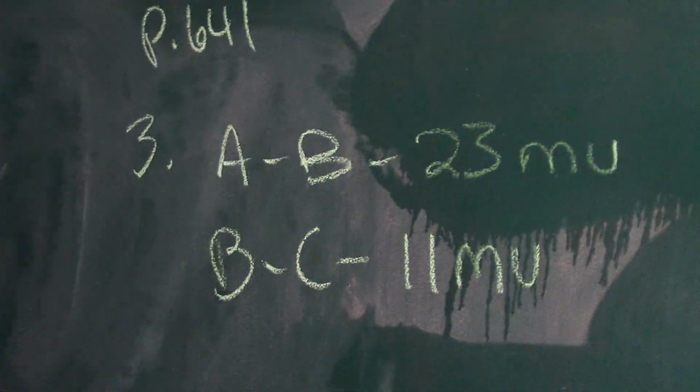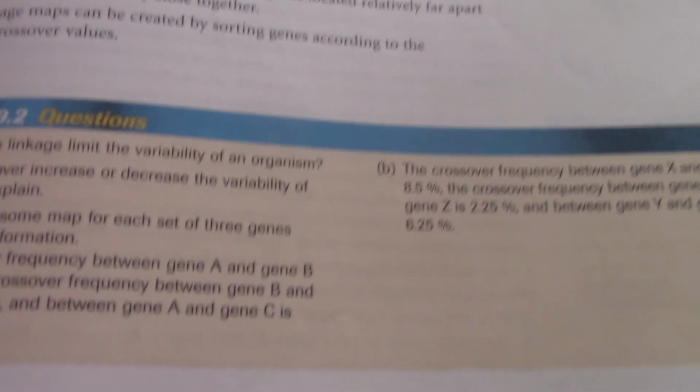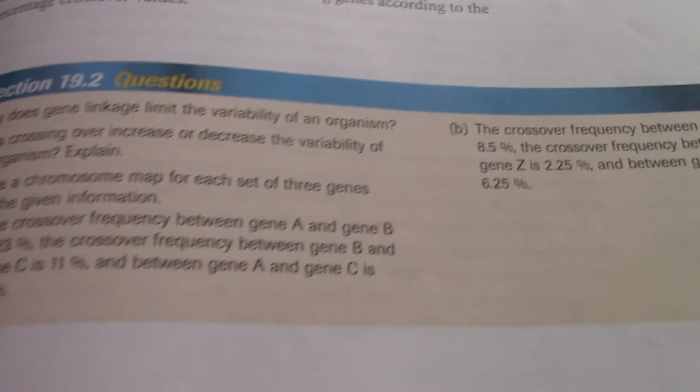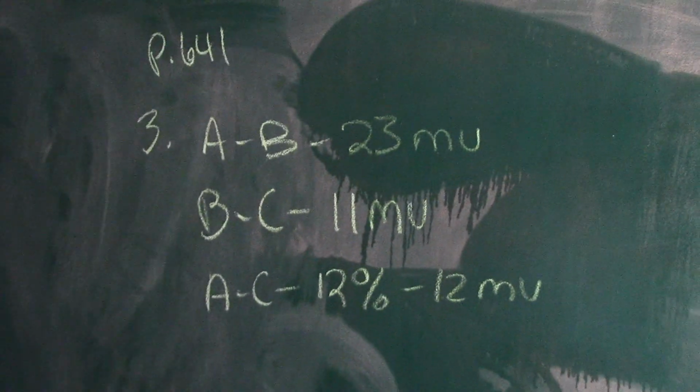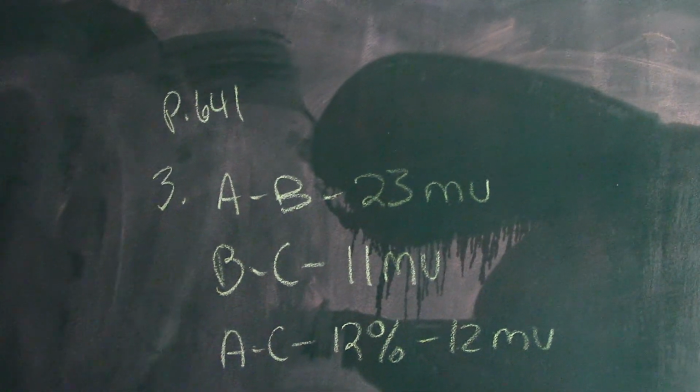Okay. The crossing over frequency between B and C is 11 map units. So we're 11%. So B and C is 11 map units away. And the crossing over frequency between A and C is 12%. And that's 12 map units. So it's asking me to build a gene map on this.